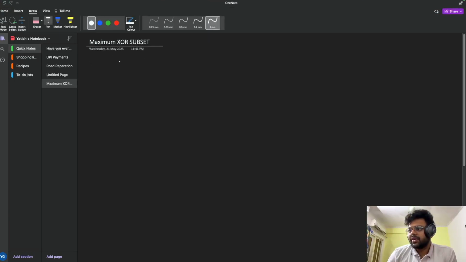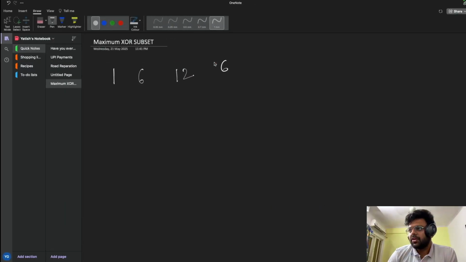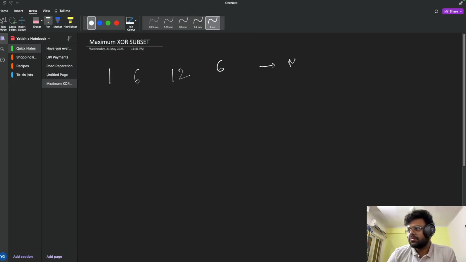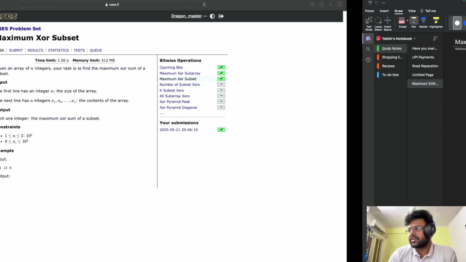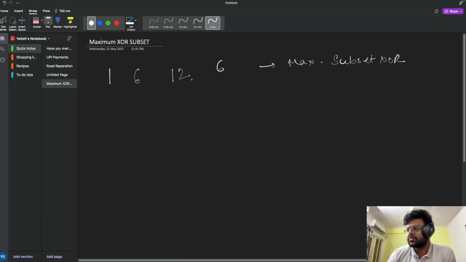So the problem statement is saying we have an array 1, 6, 12 and 6. So we need to find the maximum subset XOR. So the sum of a subset would actually be XORing all the elements in the subset.